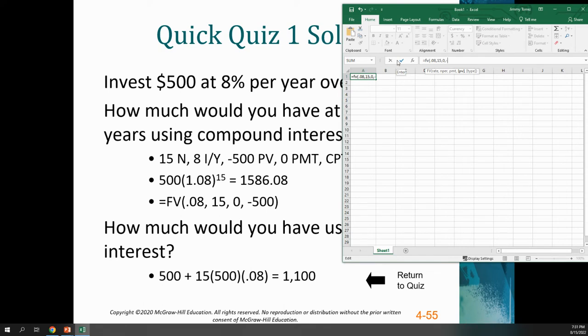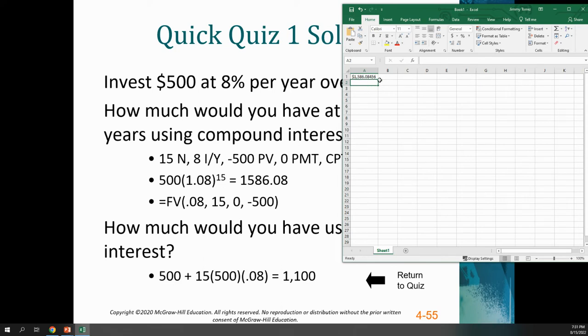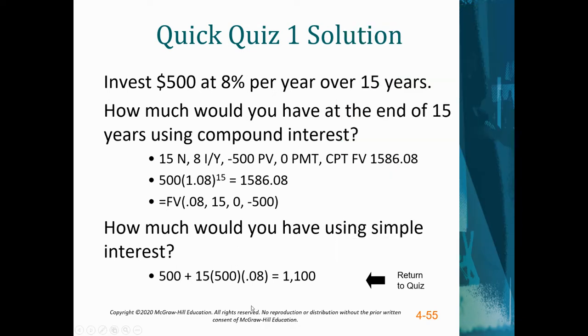And then the present value is negative 500. And again, I'm going to do the default, which is 0 in the type, just to see it as default. And we get the same thing, $1,586.08.